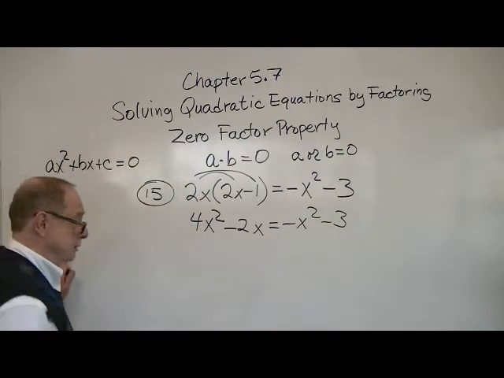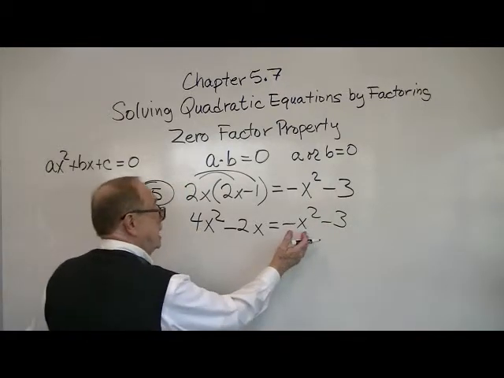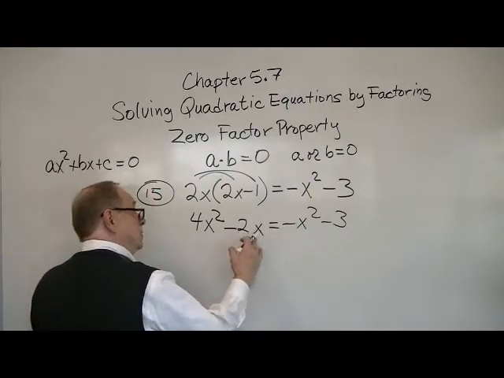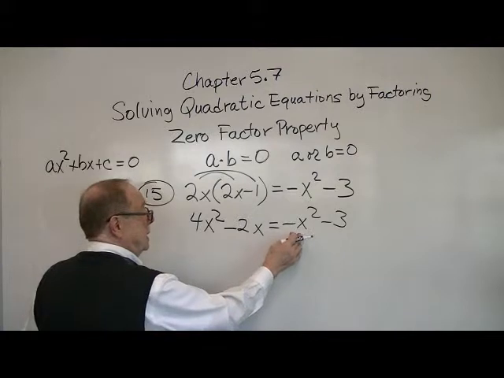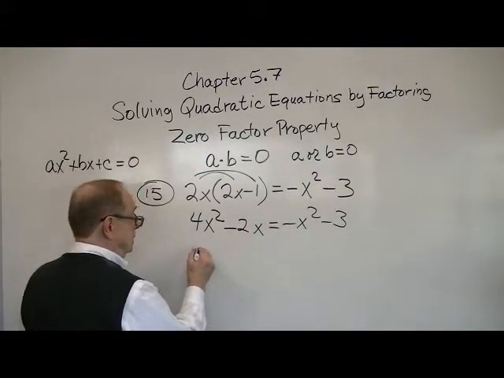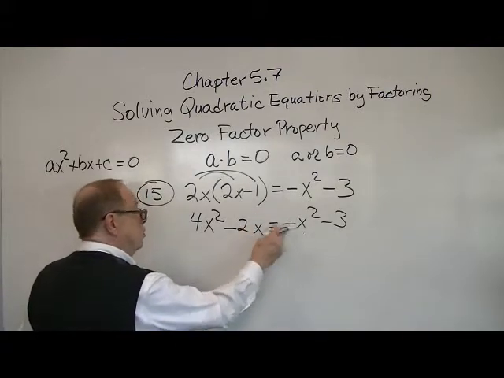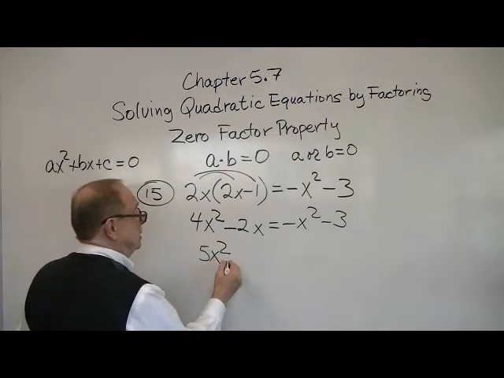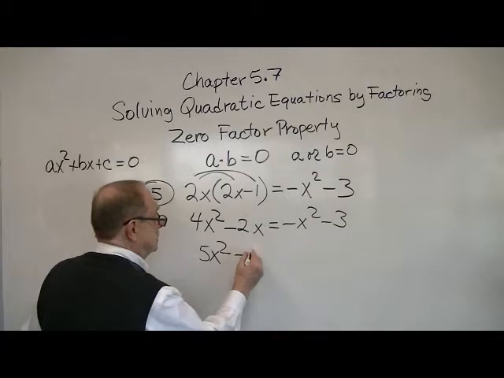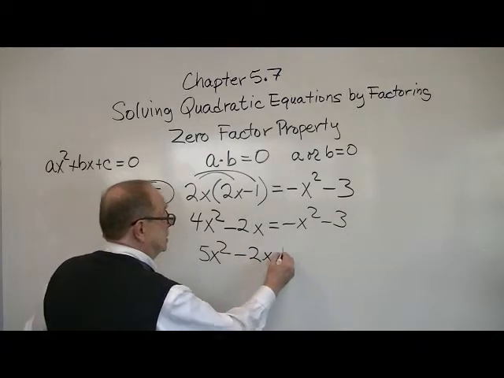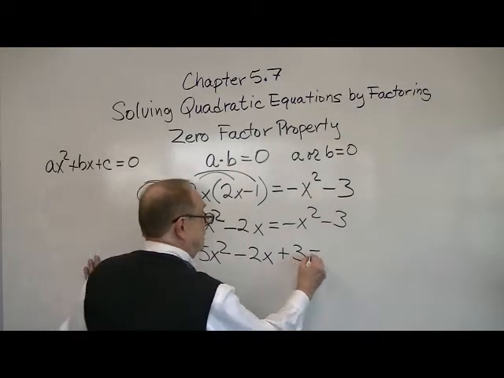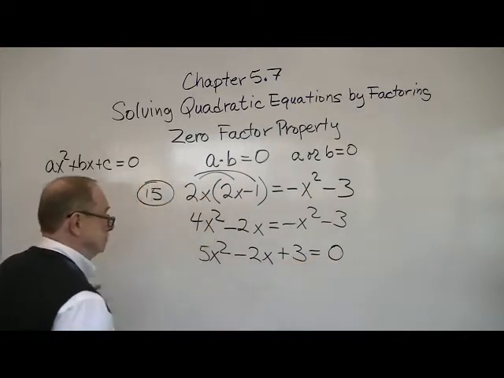Now, what we're going to do is take our x's from this side, and all the terms from this side, bring them over. This one first. As it comes over as a 5. I'm sorry, as a 1, which we add here as 5x squared. Minus 2x plus 3, bringing that over, and we get that.